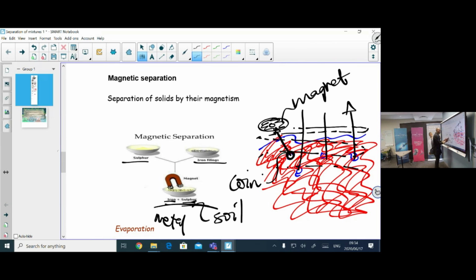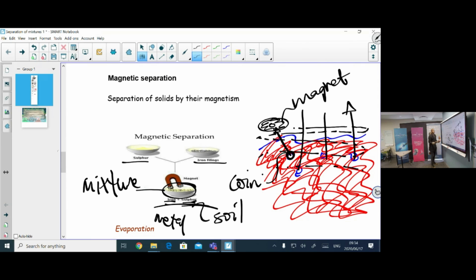Same as with the coins lost in our beach sand, you can have the same separation happening here, where you put a magnet over our mixture. The iron filings will be attracted towards our magnet because metals, as we know, are magnetic, right?